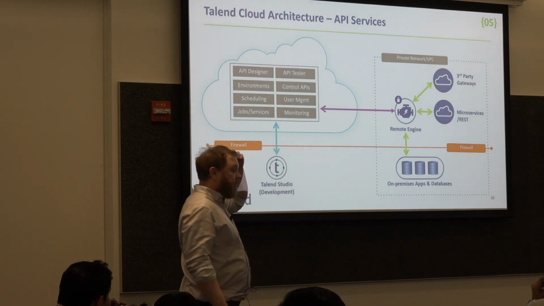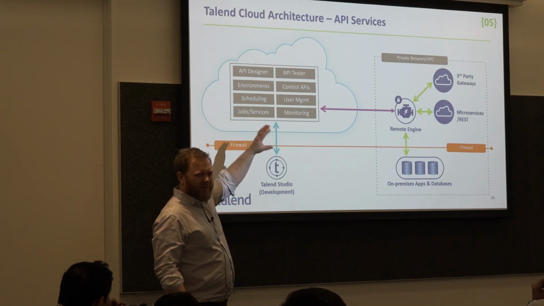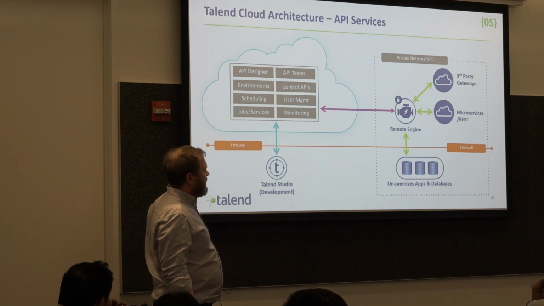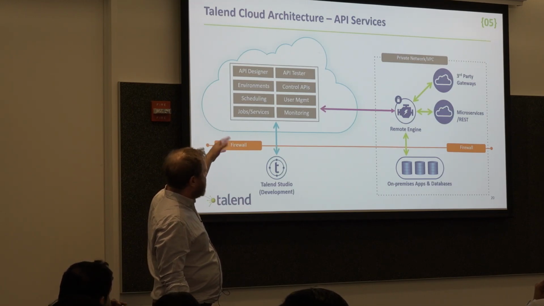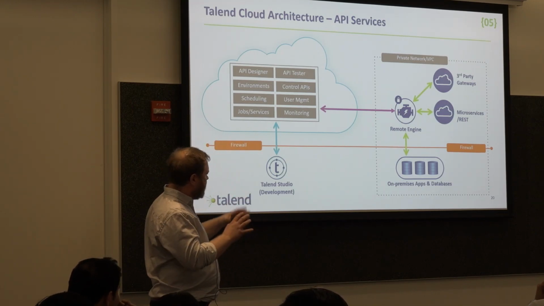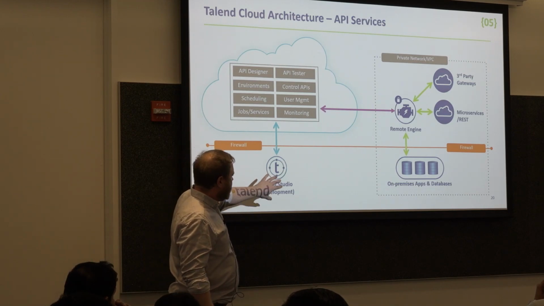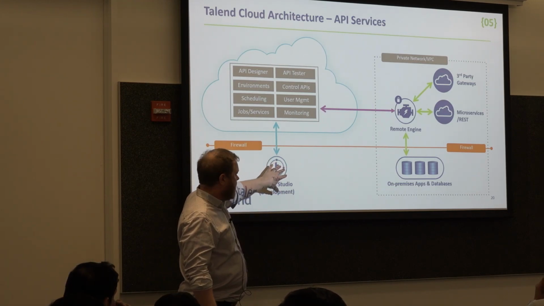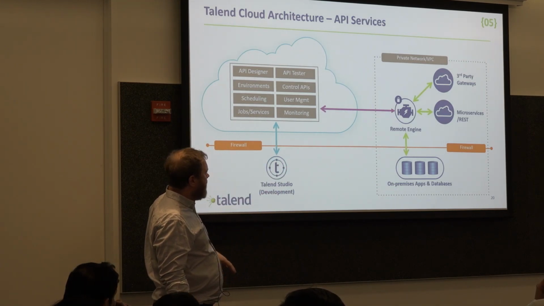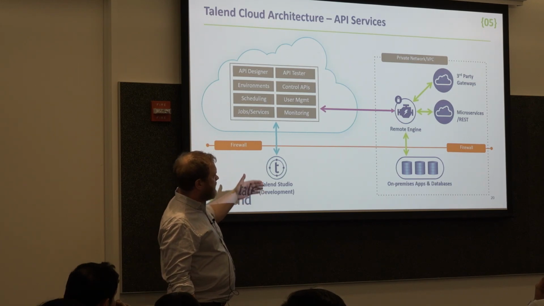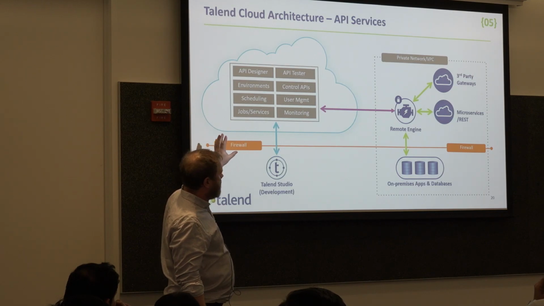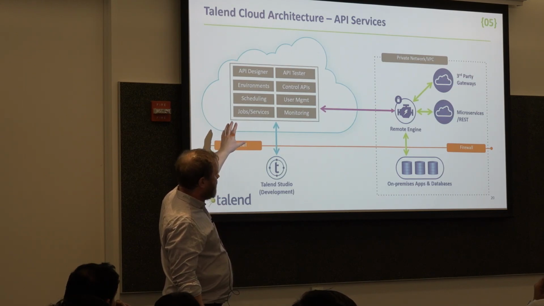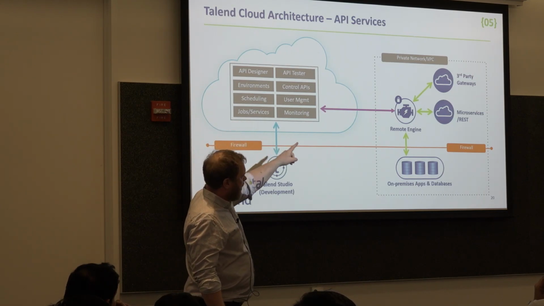Because we take care of all the management of all the TAC pieces and the environments, the designer, the tester, the management of the jobs and the scheduling. And so you're just doing all your work in Studio as you would normally. And then instead of publishing to your on-prem infrastructure, you're going to publish up to the cloud. That code will be ready to deploy to a remote engine.